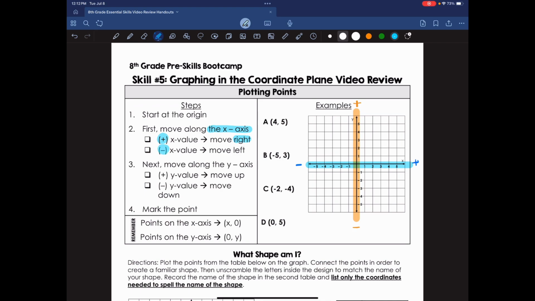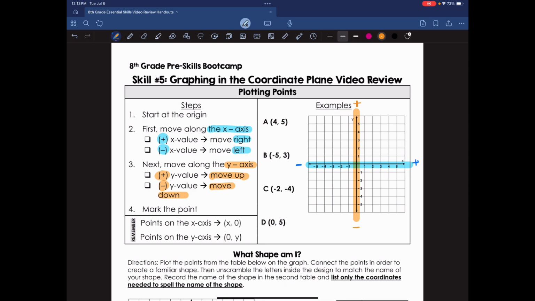If it's negative, we're going to move to the left. That is always our second step. So start at the origin, then move left and right. Then we move on to step three, which is to follow the y-axis. Again, if it's positive, we move up. If it's negative, we move down. And once we've done both of those actions, then we mark our final point.